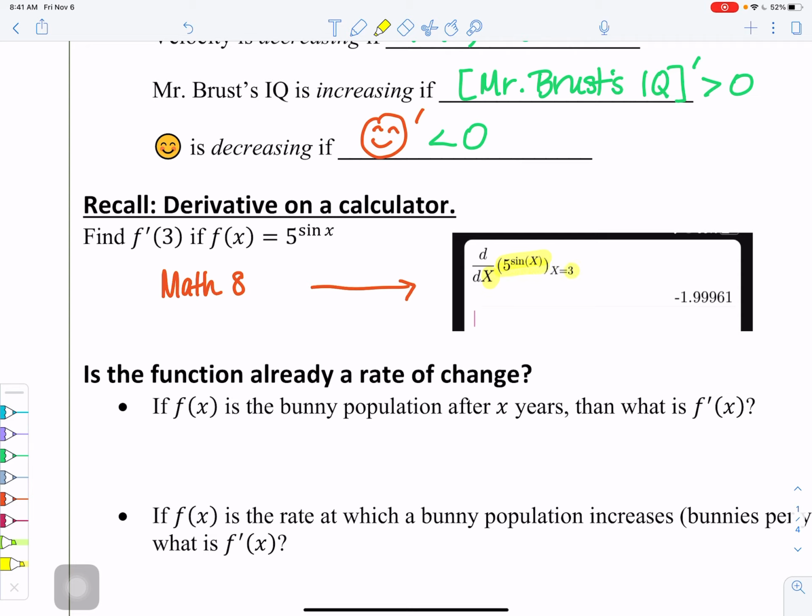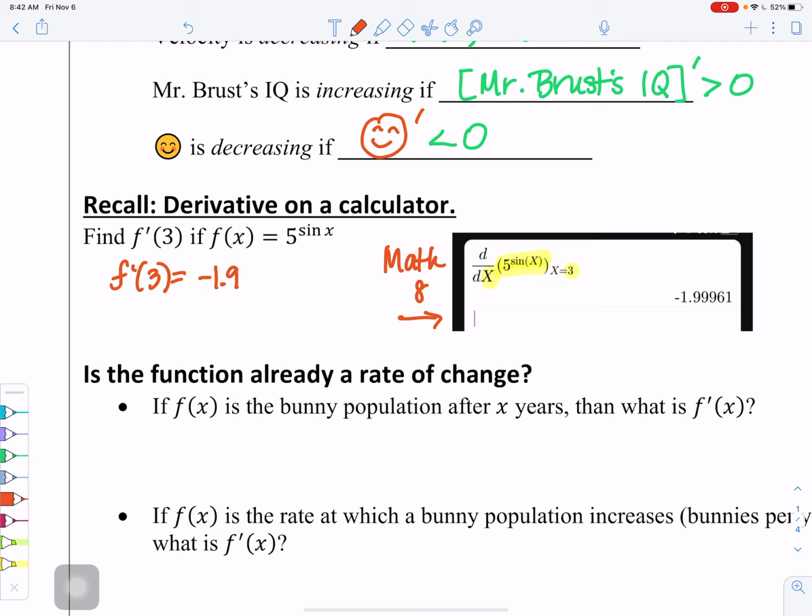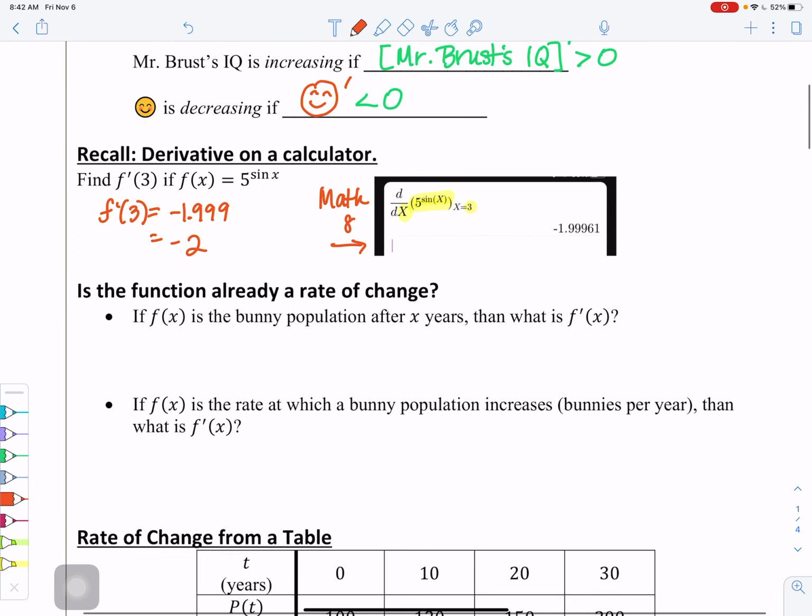Where did I want the derivative evaluated at? And so f prime of 3 from the calculator is negative 1.999, or you could just say negative 2. So just a good recall of how to find the derivative on your calculator.